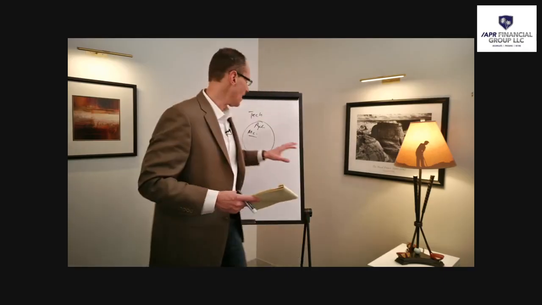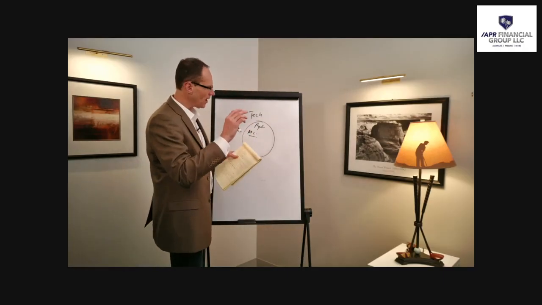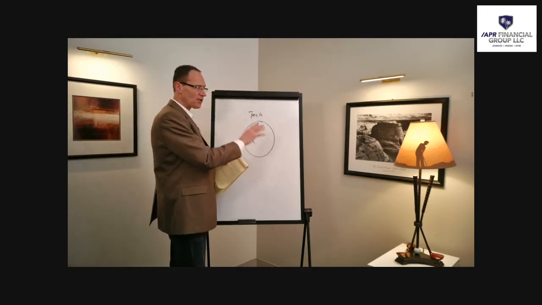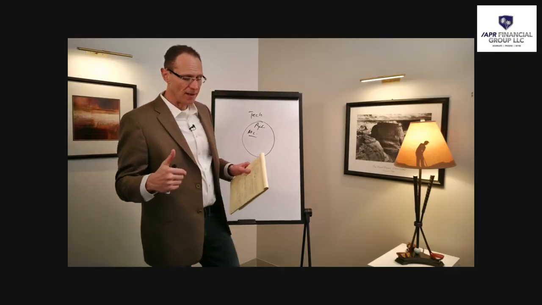So let's talk about an ETF, exchange traded fund. These are fairly new in the market, 25 to 30 years old. It's the same kind of structure, same kind of basket. You can do technology, you can do all kinds of different diversification in exchange traded funds. The upside of an exchange traded fund is the fees a lot of times are a lot lower. You can trade an exchange traded fund just like a stock.